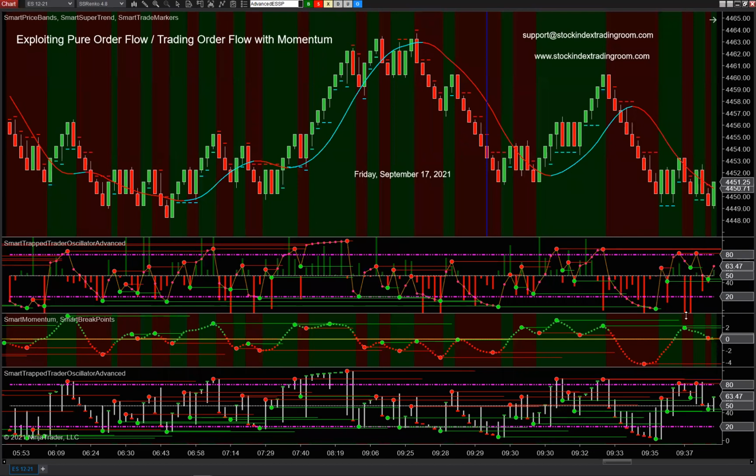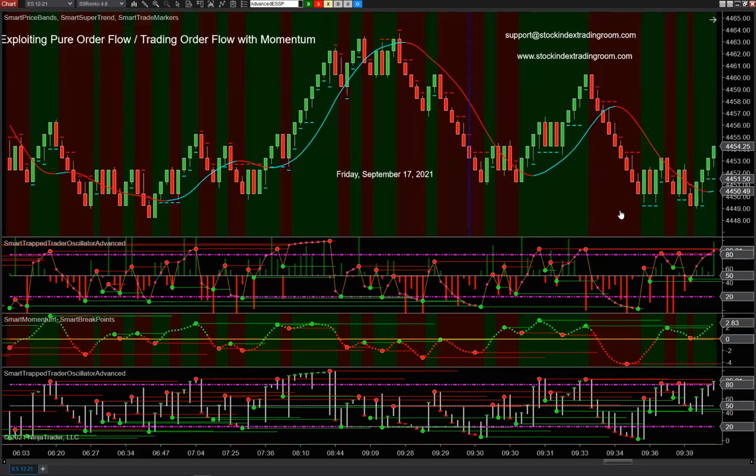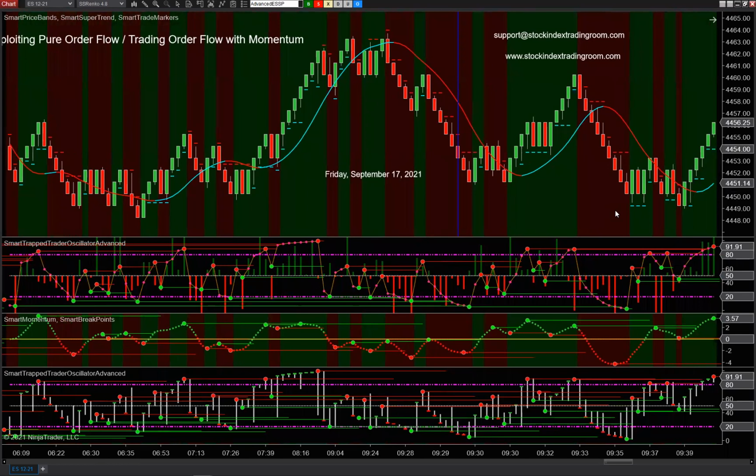See all of this red, all of this denotes selling in here. Well, that's cool if it changes order flow and momentum, but it didn't. Order flow and momentum are up. So all these people are going to get trapped. And we take this a little further. Oh, my.